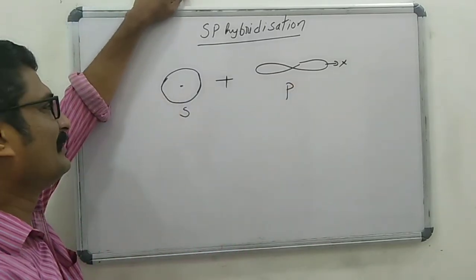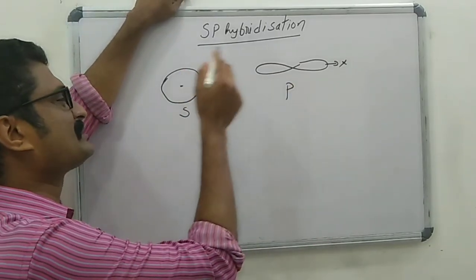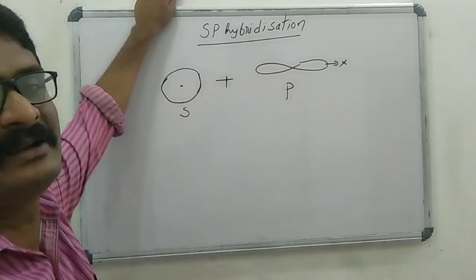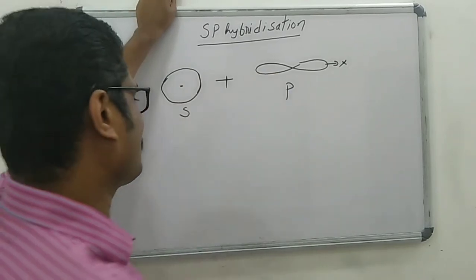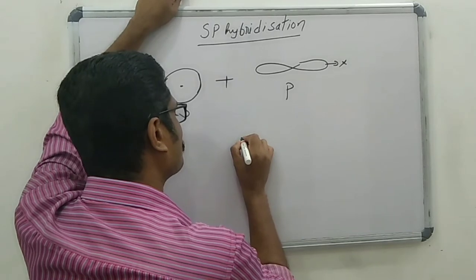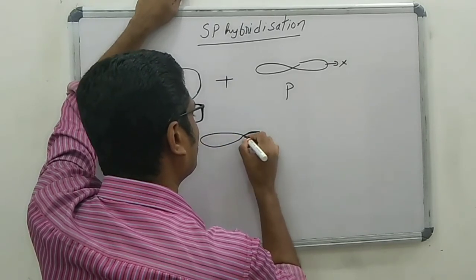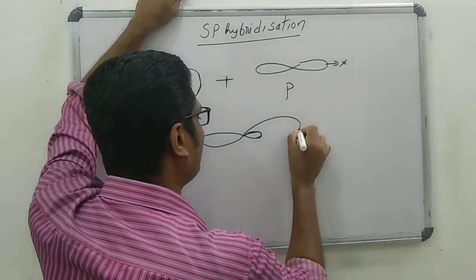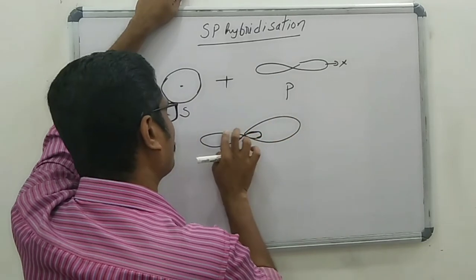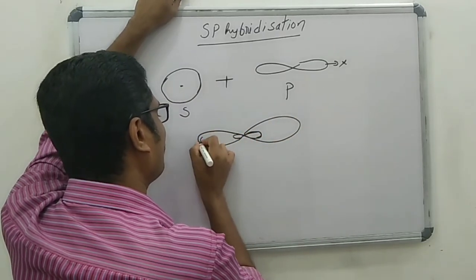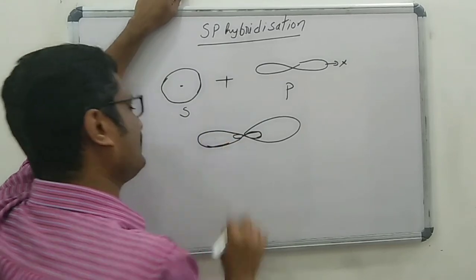When one s orbital and one p orbital undergo hybridization, two sp hybrid orbitals having equivalent energy are formed.